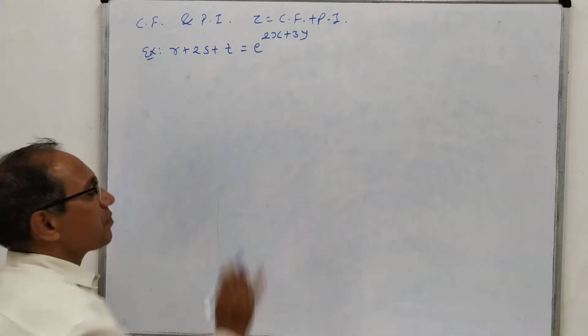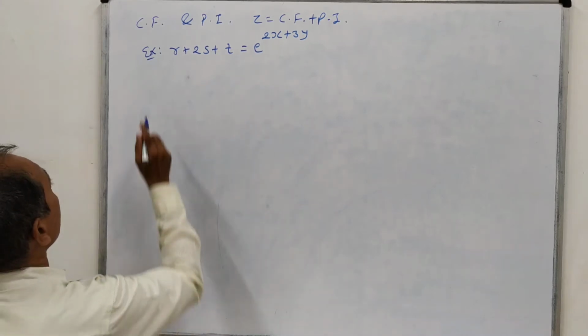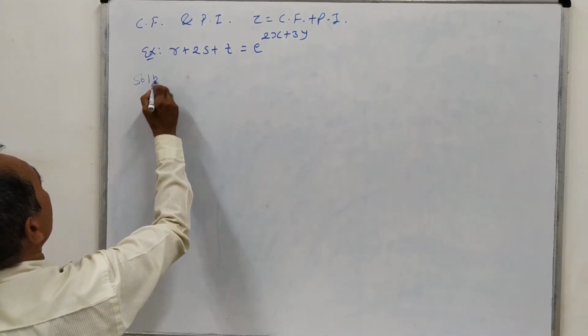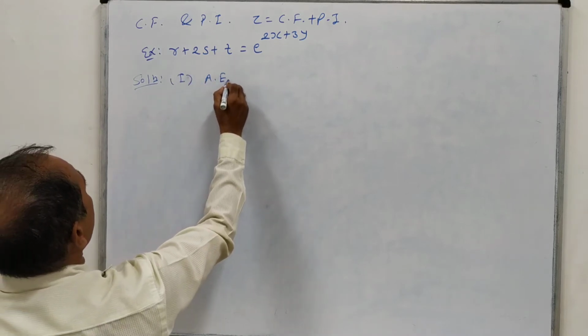So the right hand side function is different. The left hand portion we can do as per our requirement. Okay, so now see the solution. There are two parts. In the first part we will have the auxiliary equation.